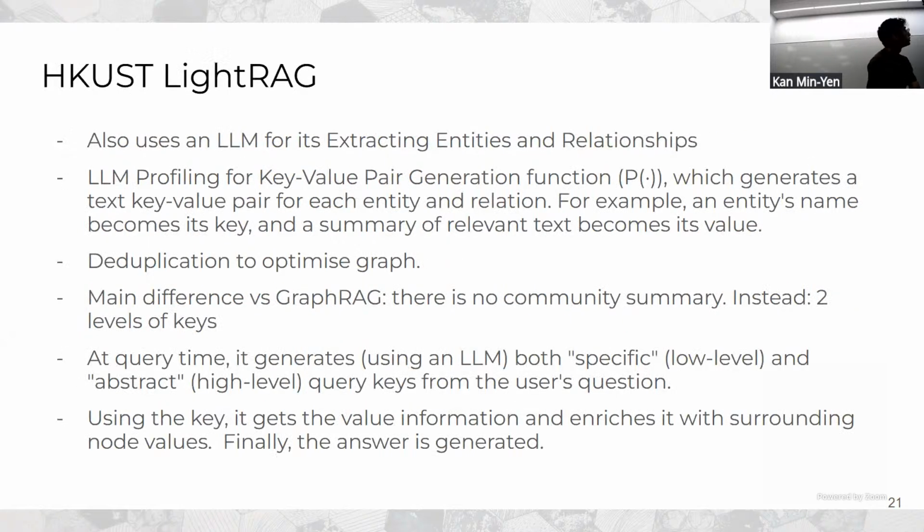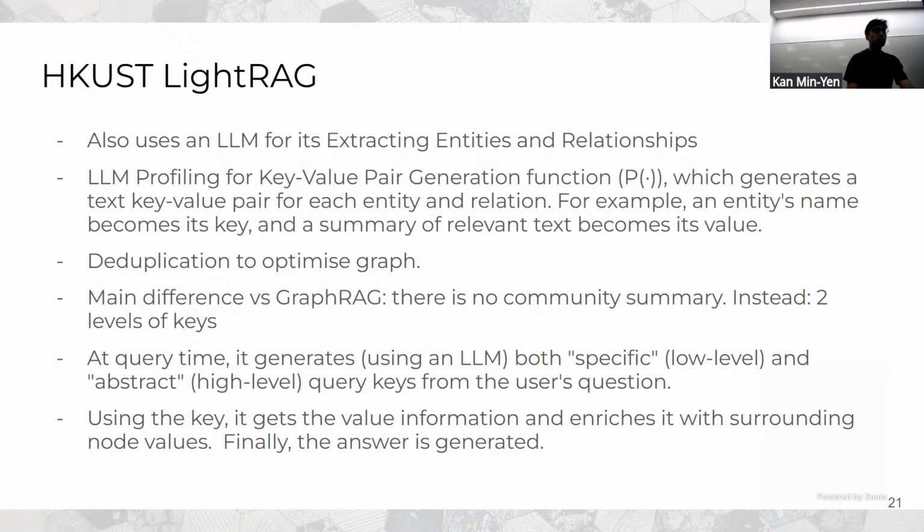But yeah, then we move to LightRAG, an augmentation and improvement on the GraphRAG that was introduced earlier. The method for this is also to use an LLM to extract the entities and the relationships.